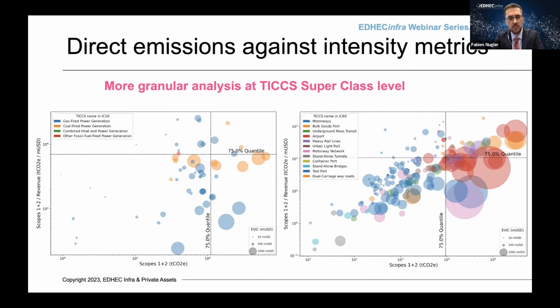And you see that the bubbles are larger, and the bubbles represent the valuation here again. So you see that high valuations seem to indicate a high efficiency. And between the two direct emissions groups, we don't see so much here. So maybe there isn't so much of interest in splitting the two populations.